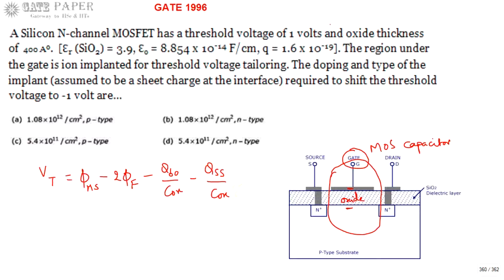This is the general threshold voltage equation. The meaning is that there are already inbuilt sources which give rise to some voltage. You must overcome that voltage to get a current flow. That voltage is treated as the threshold voltage.